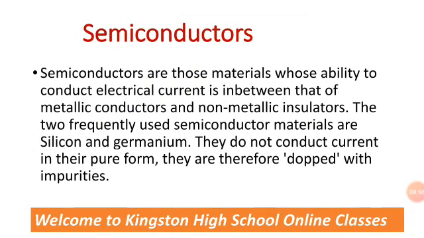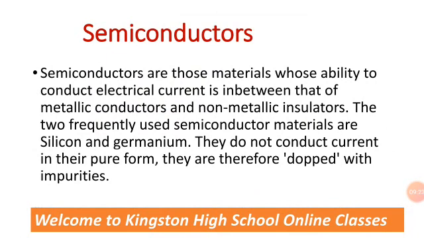Semi means it's not actually a conductor like metallic conductors, and it is also not a poor conductor or an insulator per se. It still allows current to pass through it, but not as a metallic conductor. Are you getting it? That's why we call it semiconductor.